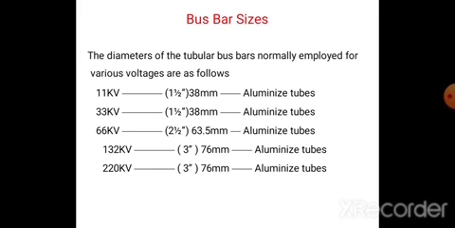For a 66 kV line, the diameter of the tubular bus bar is 2.5 inches, that is 63.5 mm aluminized tubes. For a 132 kV line, 3 inches, that is 76 mm aluminized tubes. For a 220 kV line, 3 inches, 76 mm aluminized tubes. These are the diameters of the different tubular bus bars for various voltages.